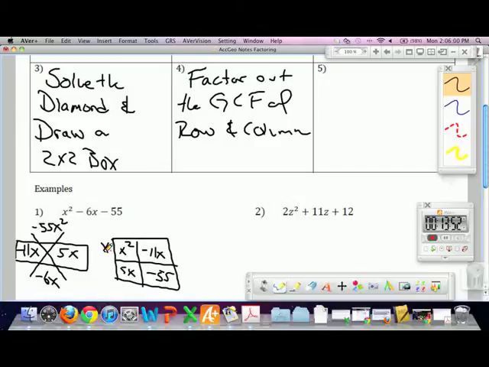5. What's in common amongst x squared and 5x? What's in common amongst negative 11x and negative 55? Negative 11. Your answers are written above and to the left.